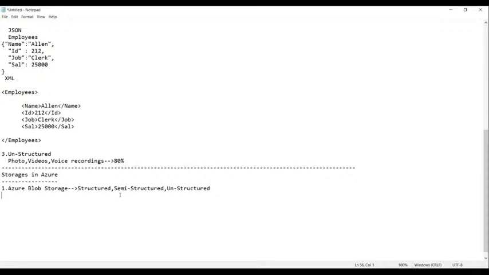Now, the next one is Azure Data Lake Gen 1. So Gen 1, can you see the Gen 1?